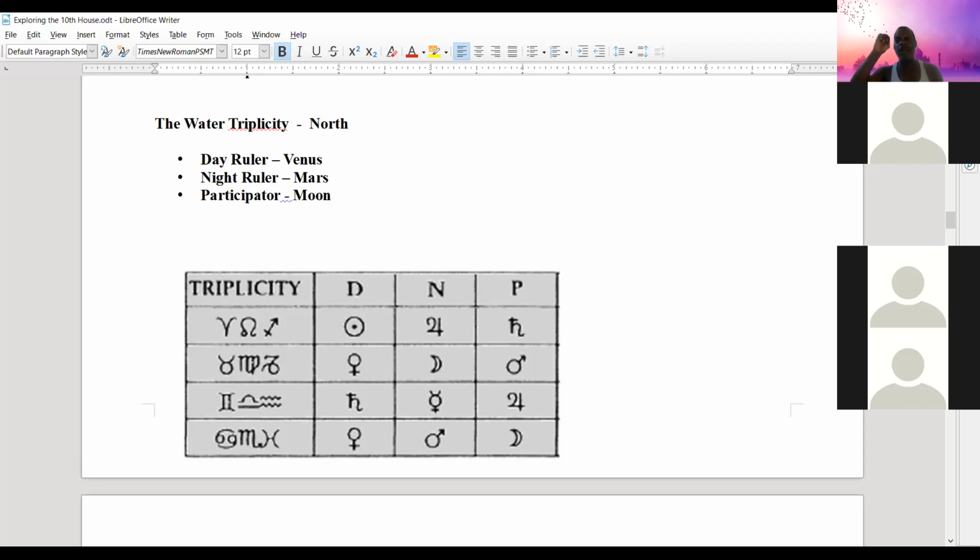You can put D, N, and P for me, but do be thinking for yourself: it would be this one, that one, this one. If you're under 28 years old, the first triplicity ruler is operating right now. That's why this is important. So you're in that 28-year period.